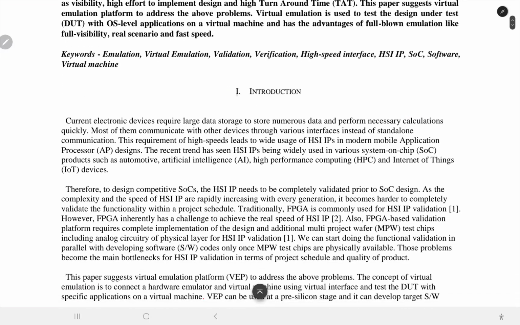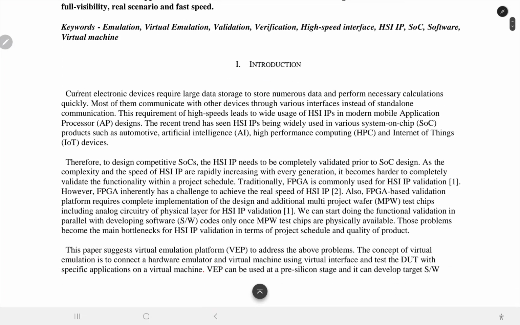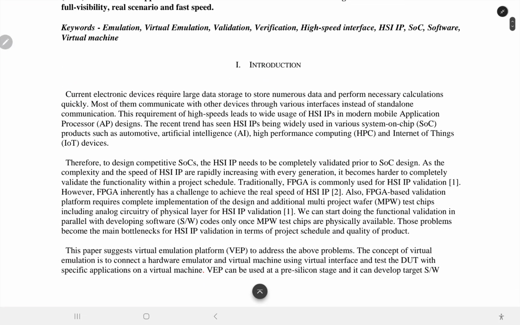speed. 1. Introduction. The current electronic devices require large data storage to store numerous data and perform necessary calculations quickly. Most of them can communicate with other devices through various interfaces instead of standalone communication.